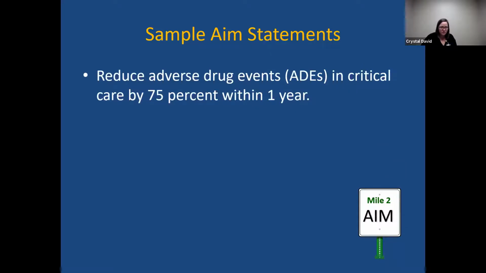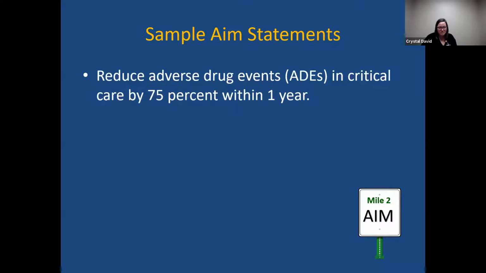They were fairly specific. I probably could have been more specific if they were looking at a certain kind of adverse drug event, but they were specific to in critical care. And so this is measurable, it's attainable. Well, I don't know, 75% is a pretty large reduction, maybe not attainable, depending on what's going on. But they put a time on it.